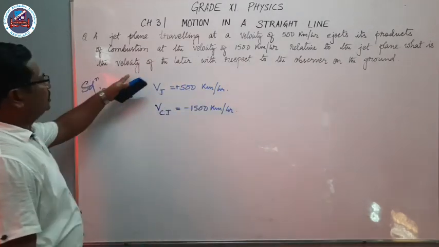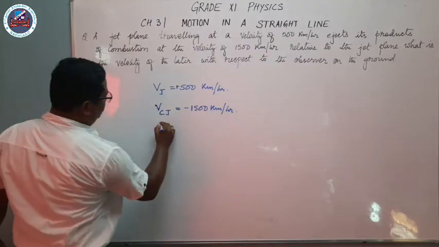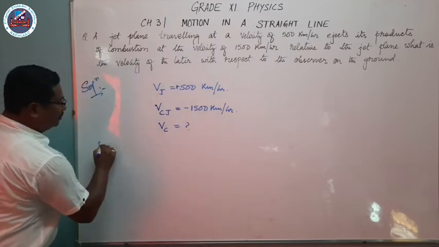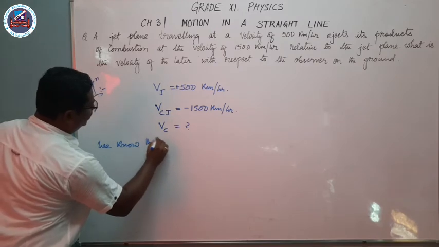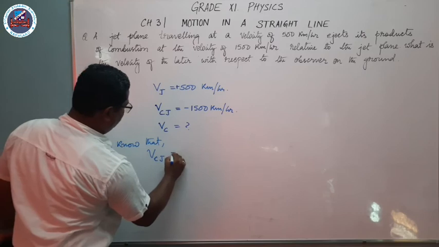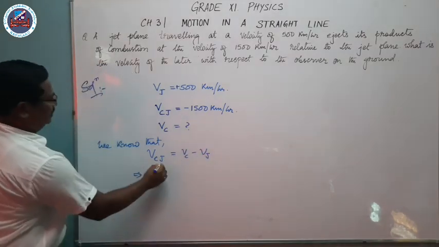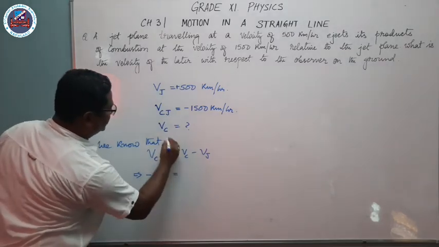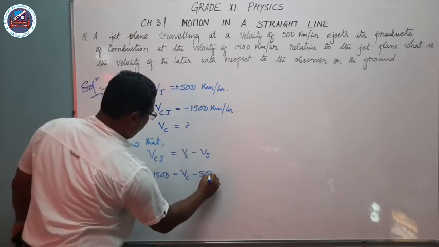What is the velocity of the latter with respect to the observer on the ground? Velocity of the latter means the products of combustion, they are asking you the velocity. So we know that the relative velocity of combustion with respect to the jet plane will be Vc minus Vj. This Vcj, you know the value, 1500, equal to Vc minus Vj, which is plus 500.